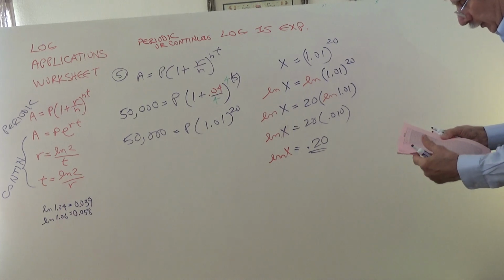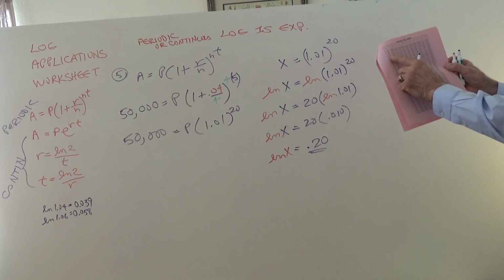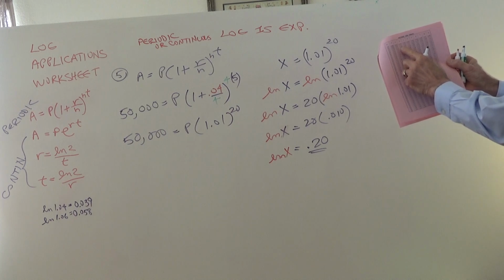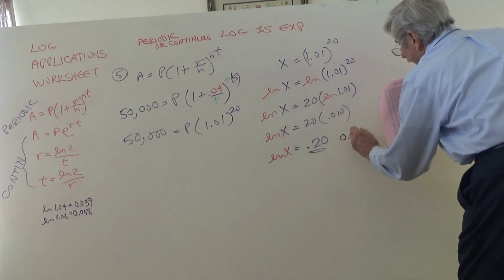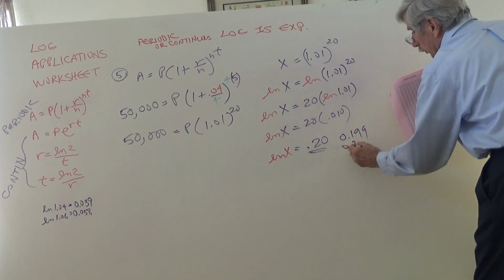The natural log looks very close to 1.22. I'm looking at 1.22 as 0.199. I think that'll round off very nicely to 0.2, won't it?